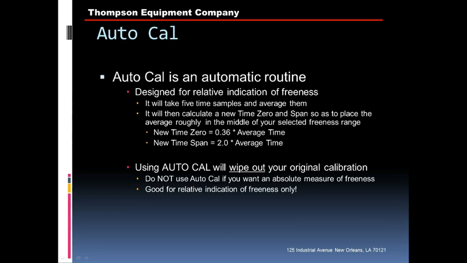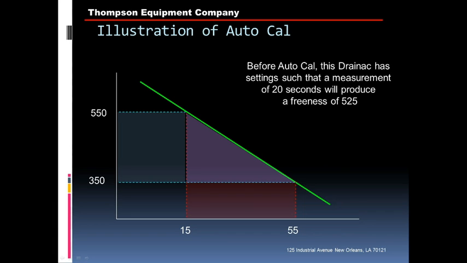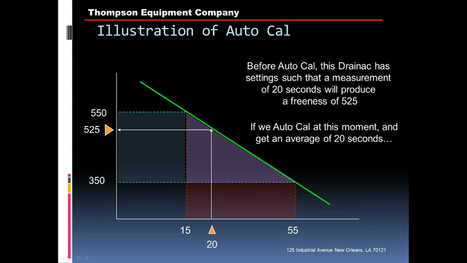I'd like to illustrate this point a little bit further. Here's an illustration of AutoCal. Here we have a system which has been calibrated. We have time ranges running from 15 to 55 seconds, and freeness is running from 350 to 550 CSF. In this case, a measurement of 20 seconds will produce a freeness evaluation of 525 CSF.